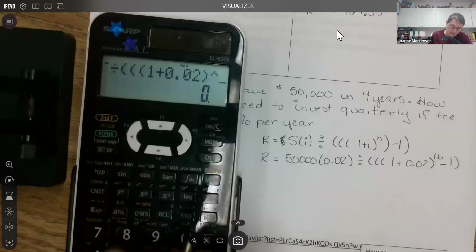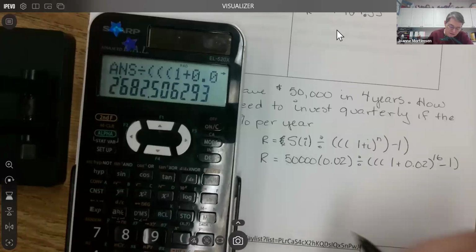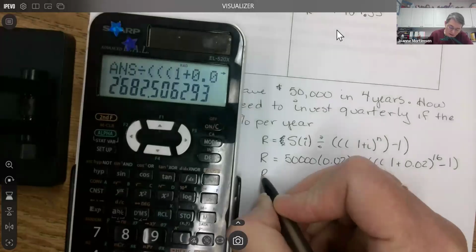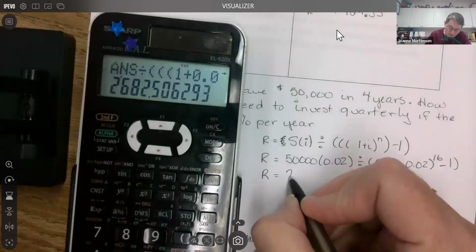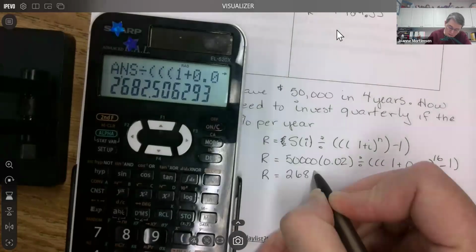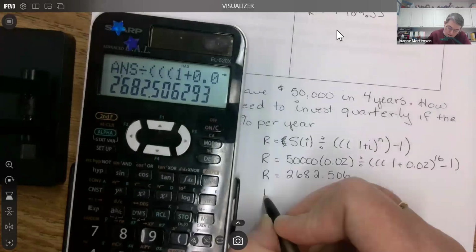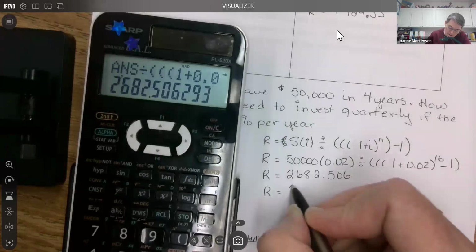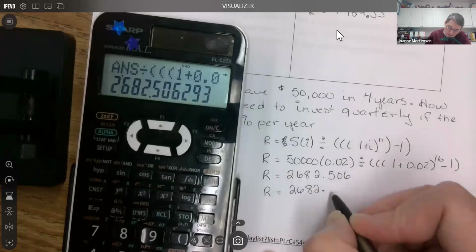Exponent 16, close the bracket, minus 1, close the bracket. R is equal to 2682.506. R is equal to 2682.51.